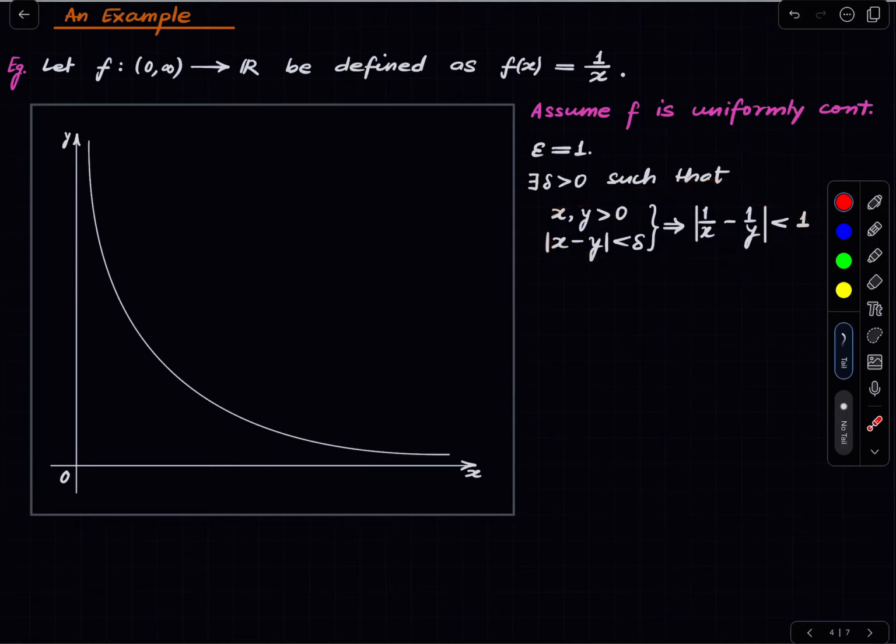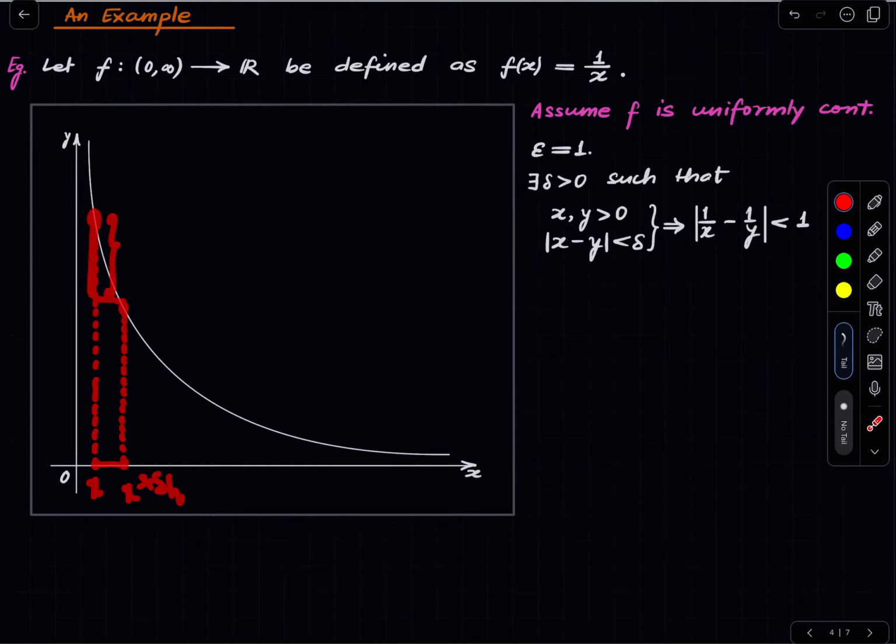So why is that? So choose a positive x and choose y as x plus delta by 2, let's say. So this is x and we choose y as x plus delta by 2. And we record the difference in the image points. That difference is this vertical distance. Okay?